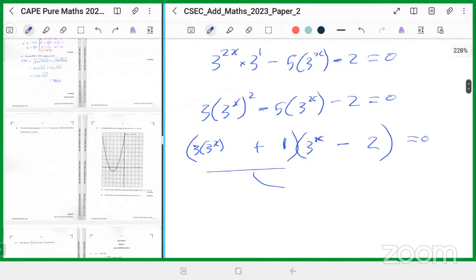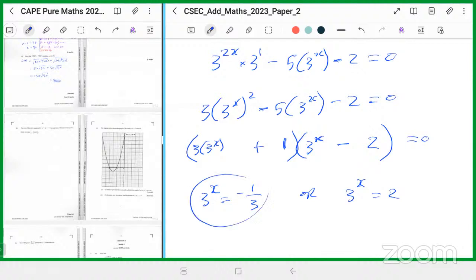So if this factor equals 0, then this 3 to the x will be equal to minus 1/3, or this 3 to the x will be equal to 2. This one is not valid because a positive number raised to a power cannot be negative.